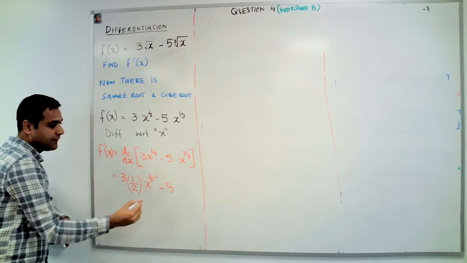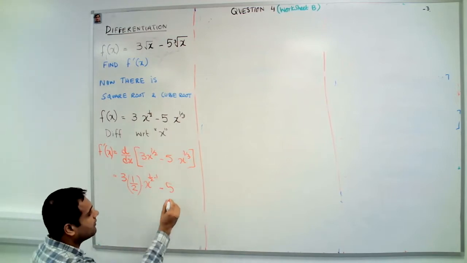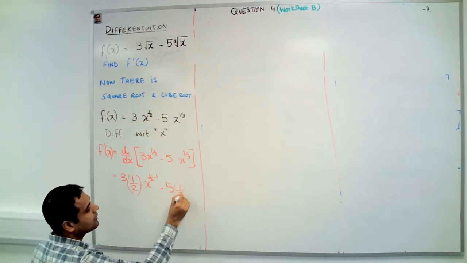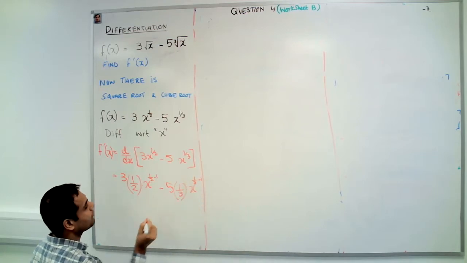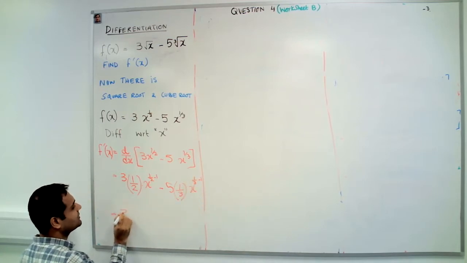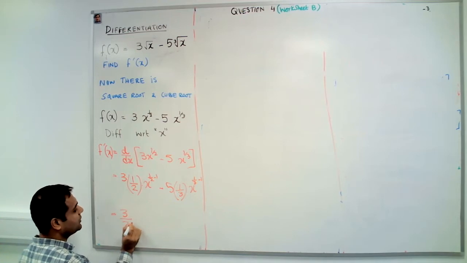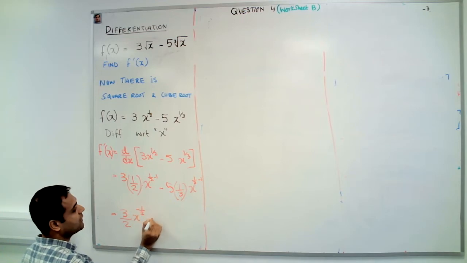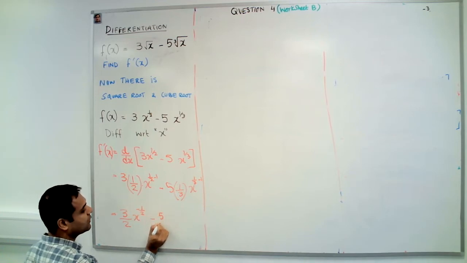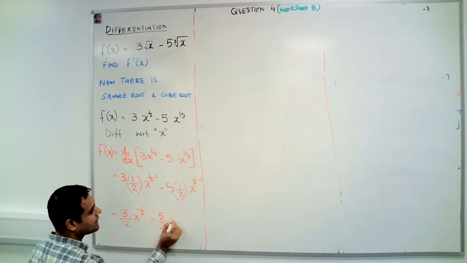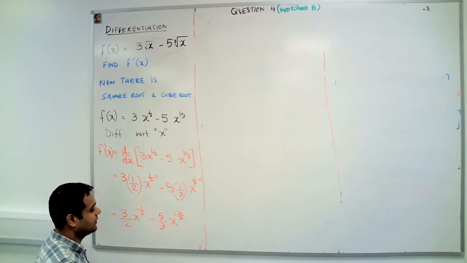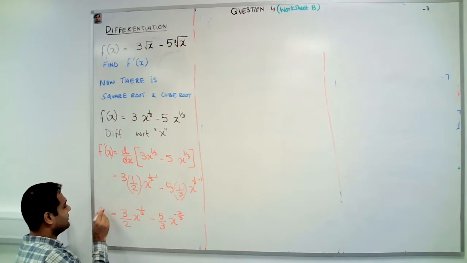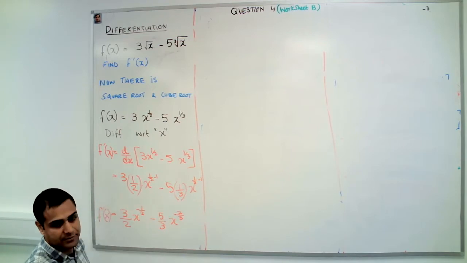Minus 5 is there, the power comes out, reduce the power by 1. So that becomes 3 over 2 x to the power minus half minus 5 over 3 x to the power minus 2 over 3. And this is your f dash x.